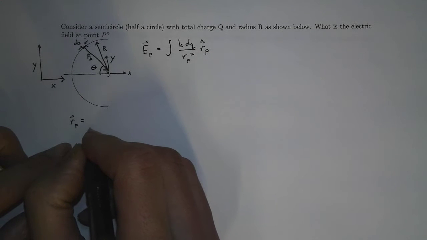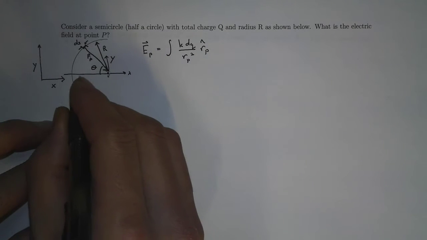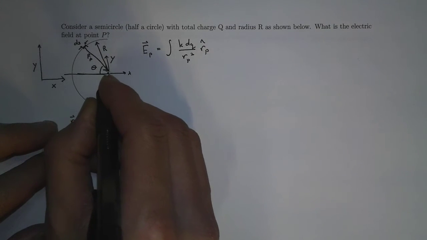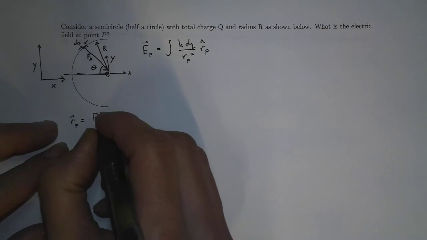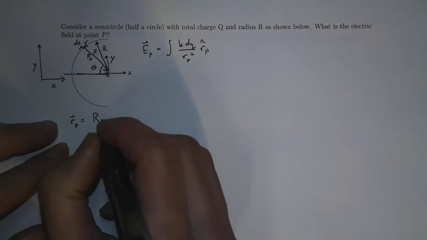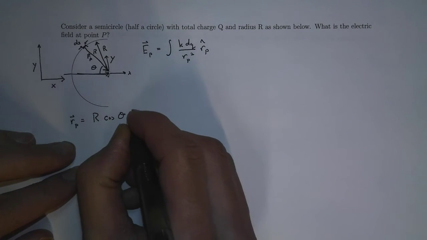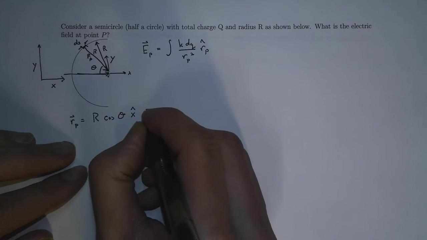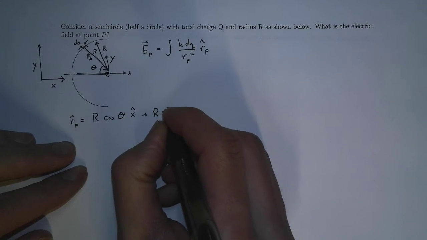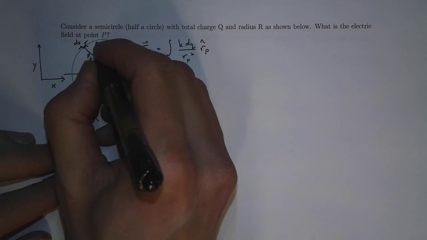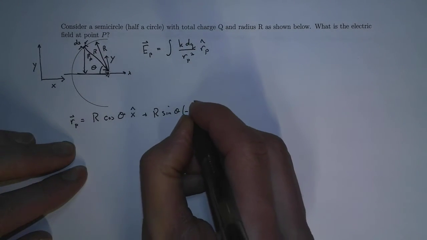So what's r_P going to be? It's just the R component pointing this way, so the length of this vector will be capital R, cosine theta, times x hat, plus now the y part, R sine theta, and this vector is pointing in this direction, so it'd be in the minus y hat direction.